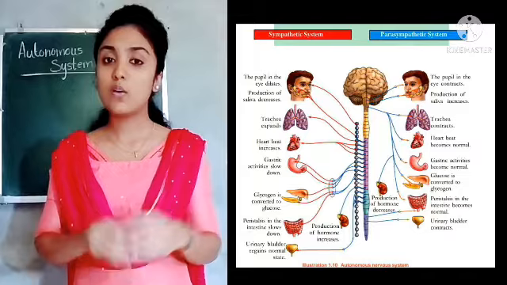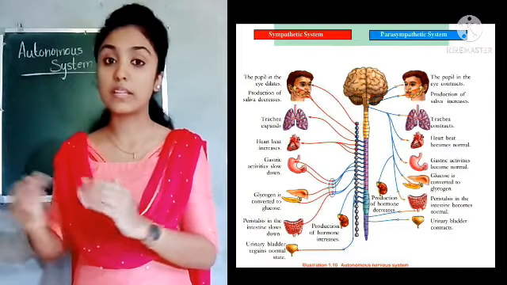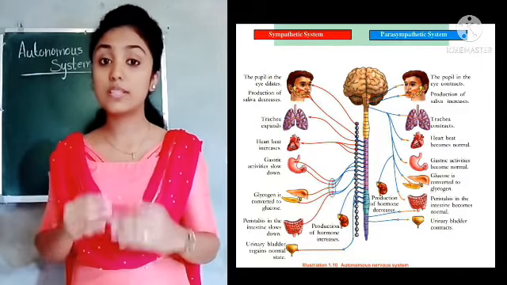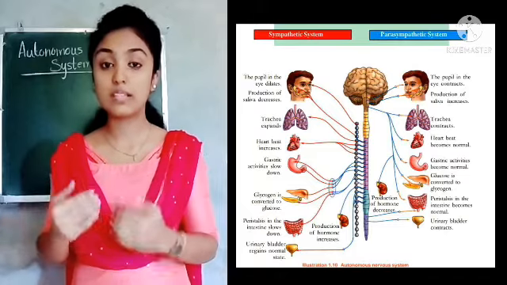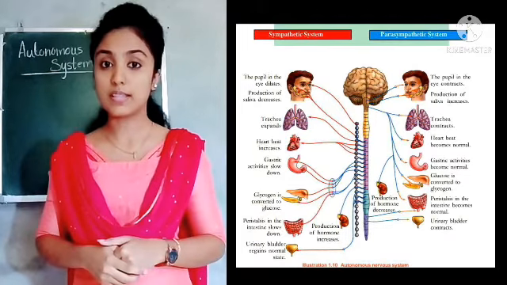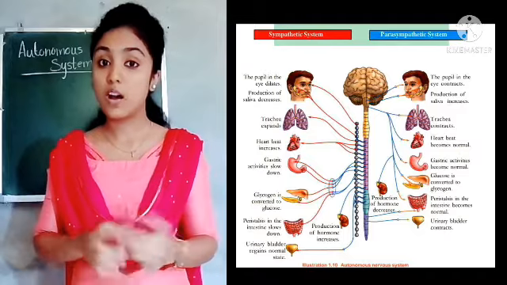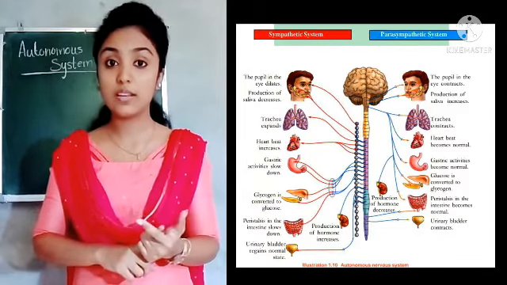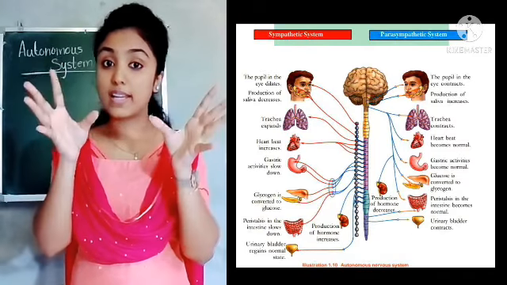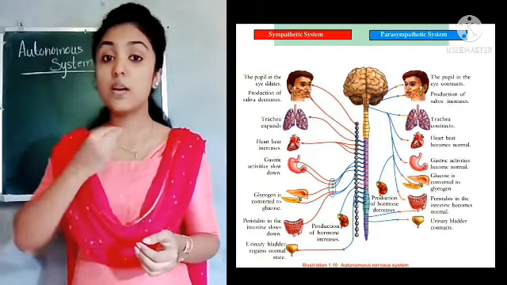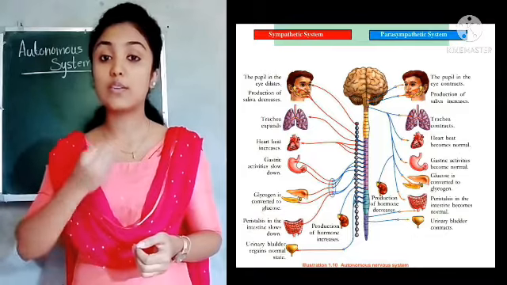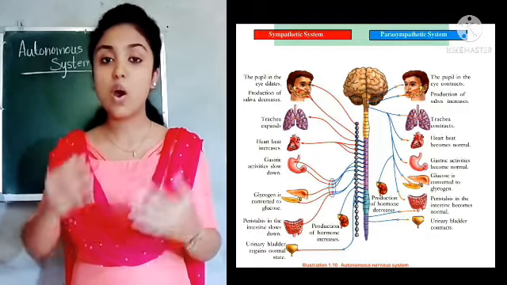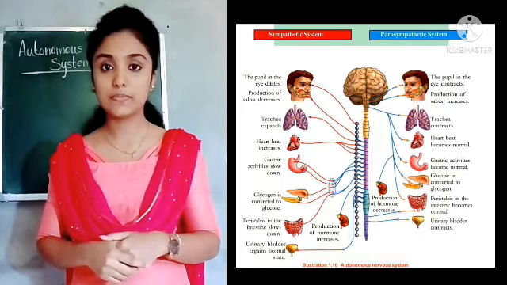Then what changes happen in our body in these situations? Our heartbeat increases, we sweat or shiver, our pupils dilate, sometimes the production of saliva decreases and our throat becomes dry.